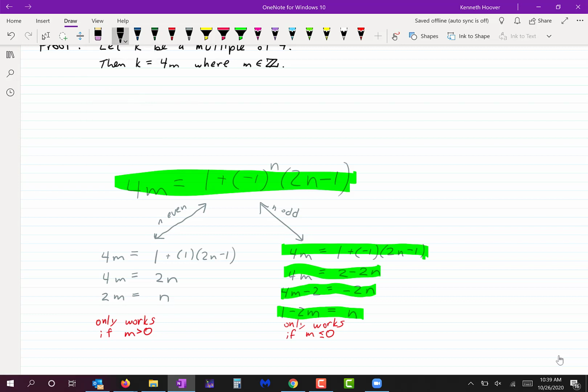Suppose m is greater than 0. Let n equal 2m. Then n is a natural number. Oops, I almost wrote integer. Okay.